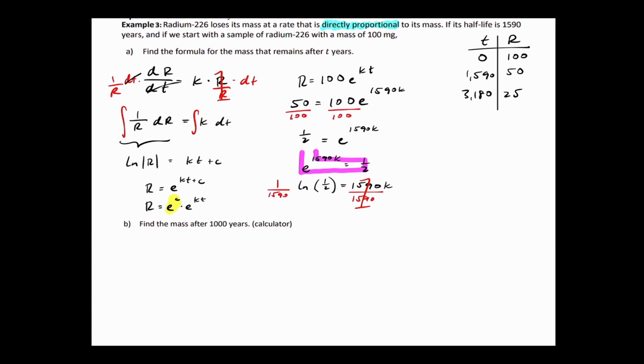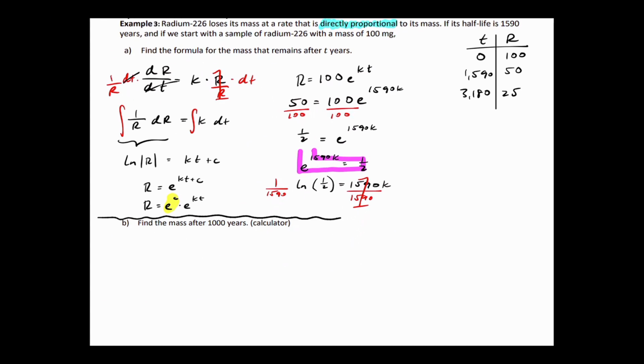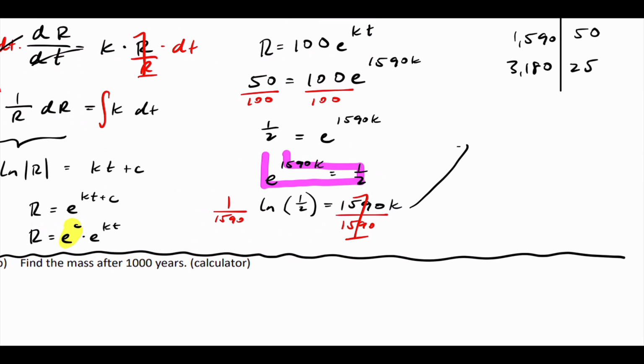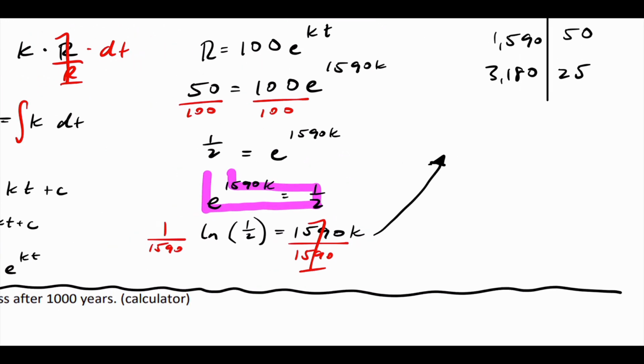So I get K equals 1 over 1,590 times the natural log of 1/2.